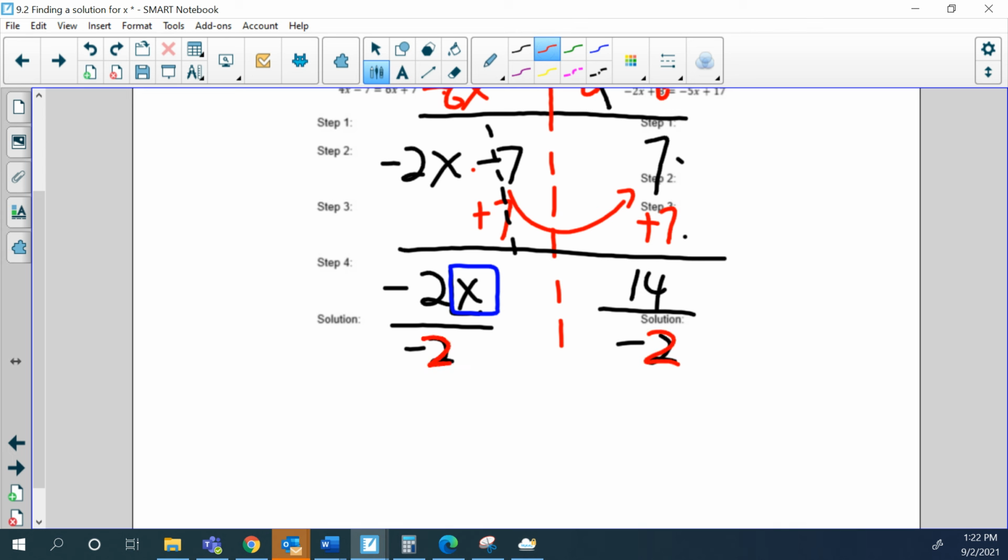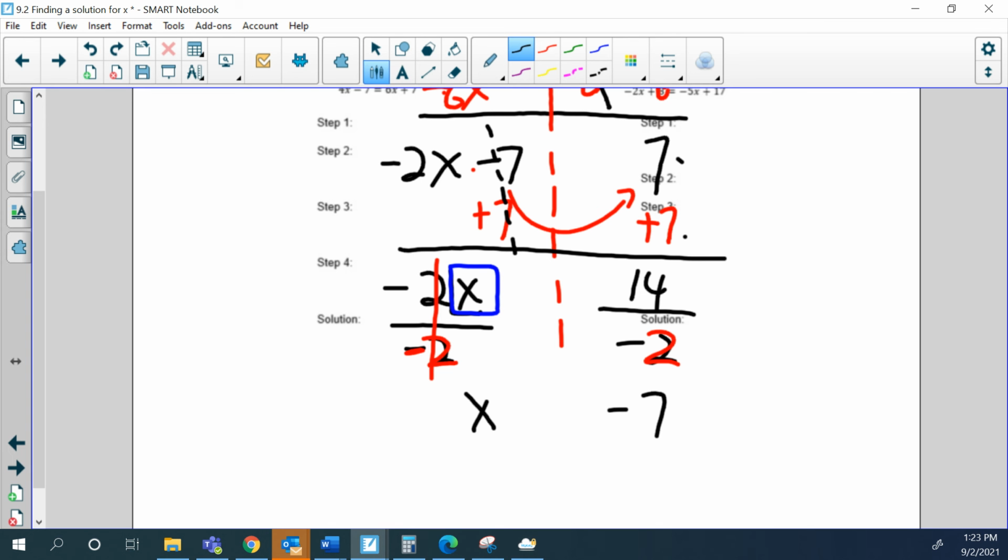So this cancels out and leaves me with just 1. So all I have here is just the x. On the right side now, 14 divided by negative 2 is negative 7.